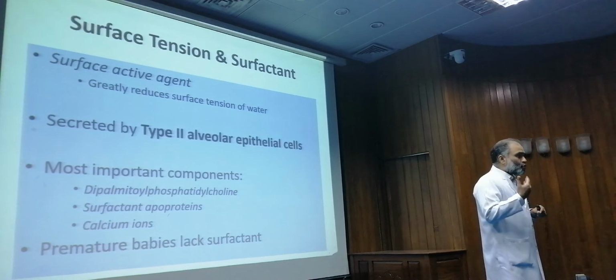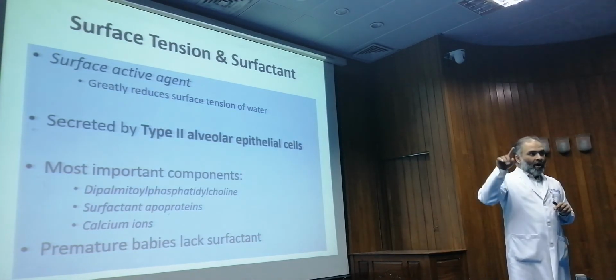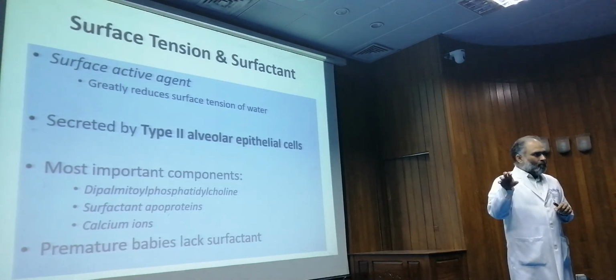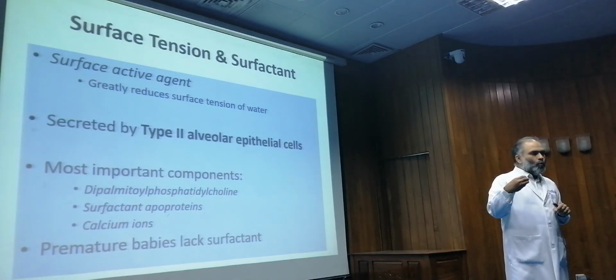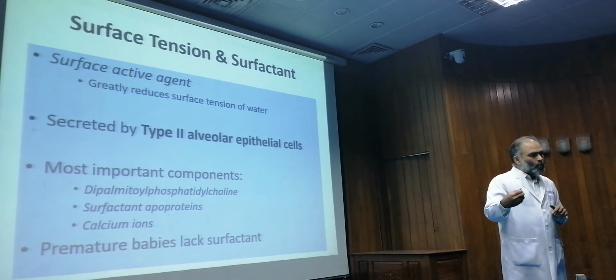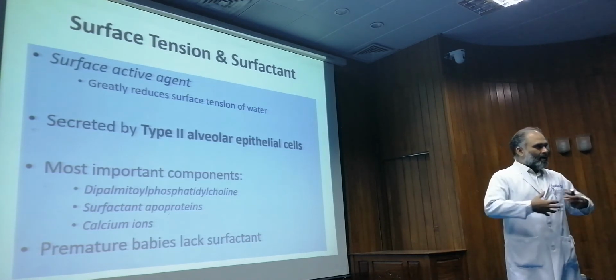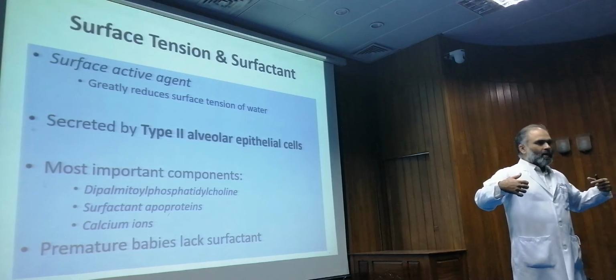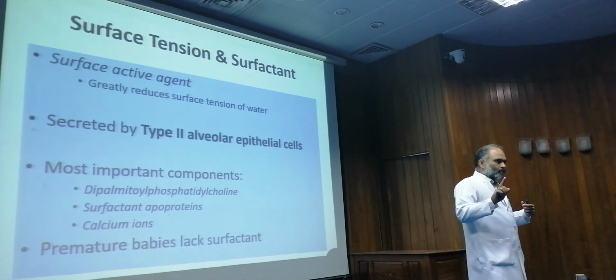This you should be able to think now. No surfactant, high surface tension, brand new lung, which is normally collapsed inside the uterus. The baby is out. What won't he be able to do? Normally, babies cry and the lungs open, right? This one won't be able to cry.